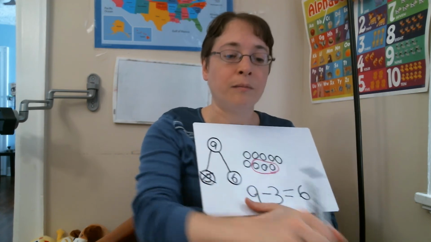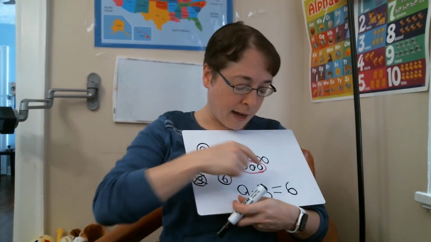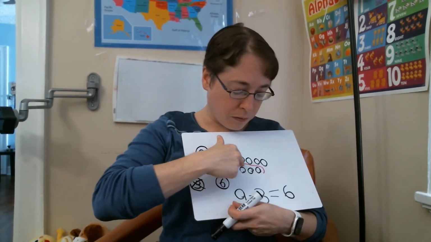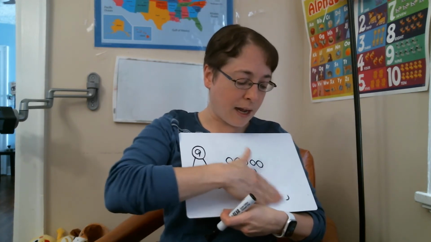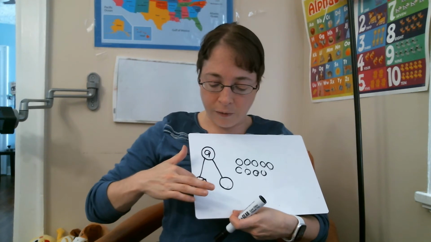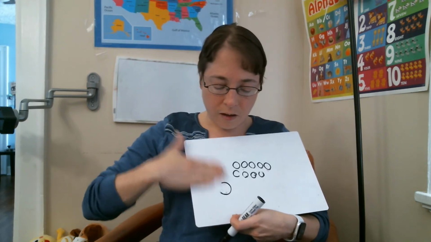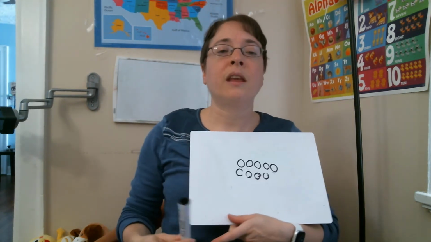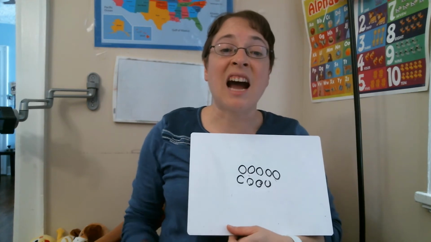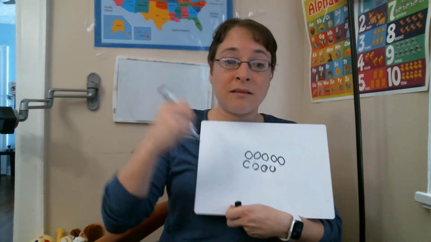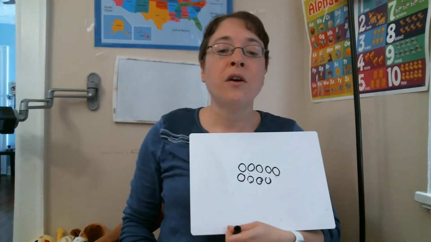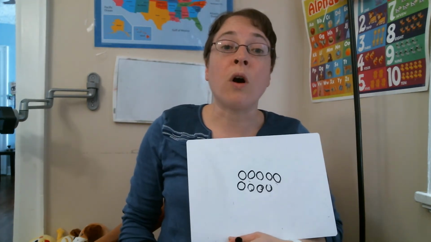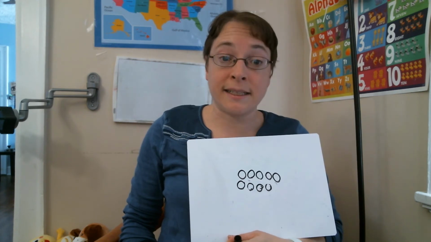Okay, very good. Now I'm going to tell you another story. I'm going to erase what I have here. All right. So now, James has 9 rocks. So we have 9 rocks here. 4 of those rocks are white.